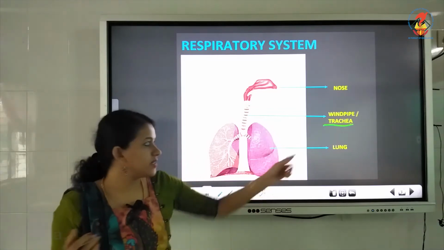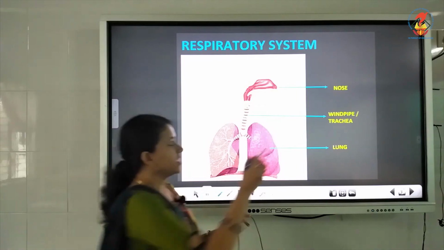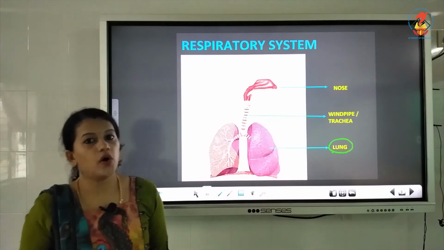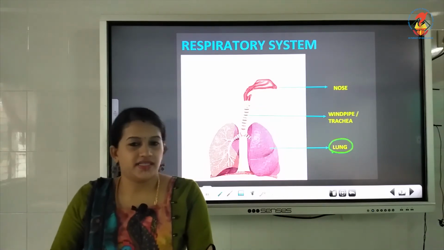If you can't remember the term trachea, learn only the term windpipe. So there are three organs that are involved in the respiratory system: the nose, the windpipe, and the lungs. These are the three major organs that are involved in the respiratory system.